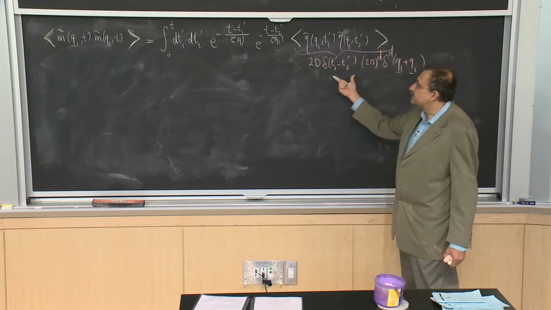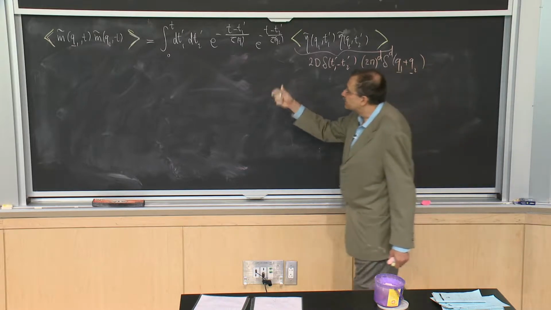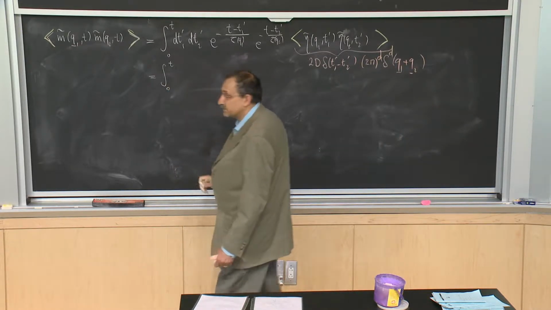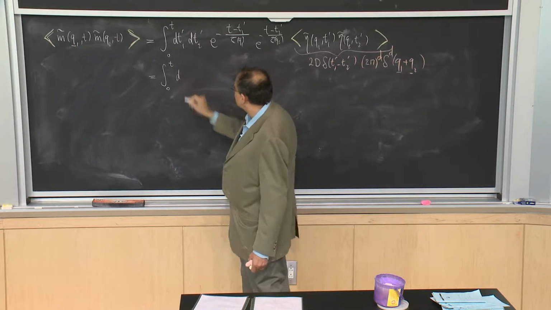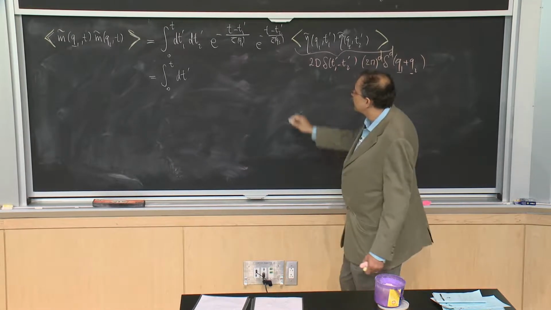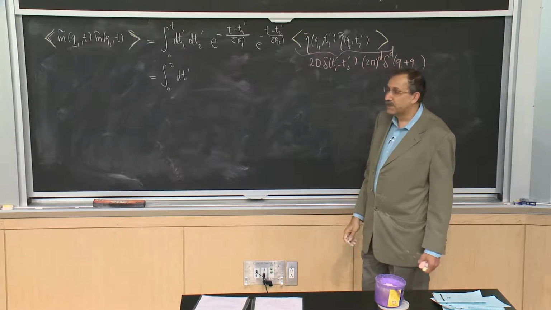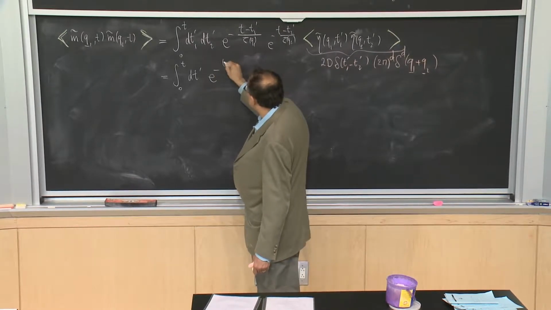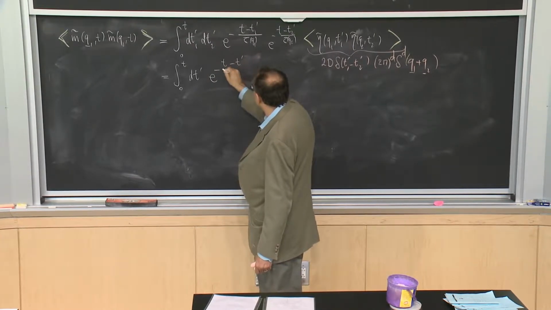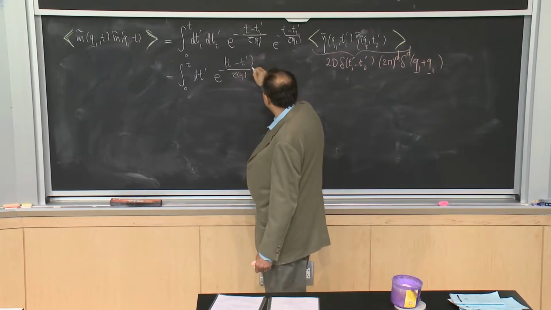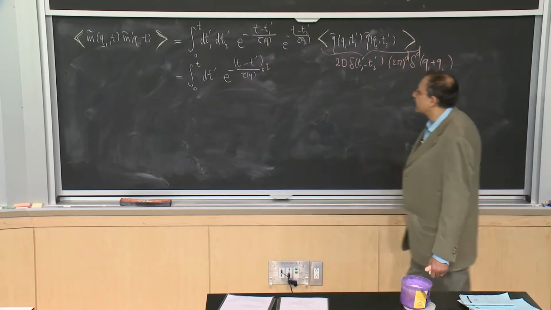Because of this delta function, this double integral becomes one integral. So I have the integral 0 to t. The two t primes I can write as just one t prime. And these two factors merge into one, becomes e to the minus t minus t prime over tau of q, except that I get multiplied by a factor of 2, since I have two of them.